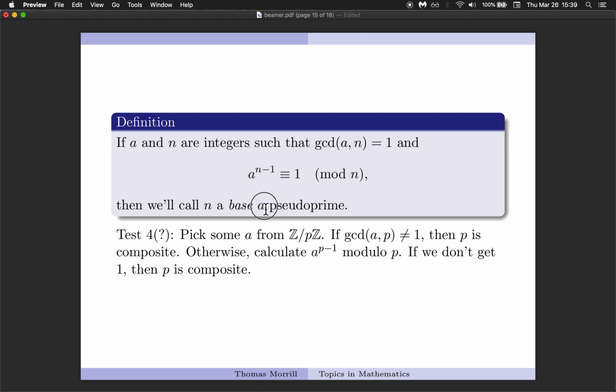I just have to pick the right base A, and then that base will tell me my number's composite, throw it away, keep looking for some other prime number, because this one ain't it. That's the goal. But I got some bad news about that.